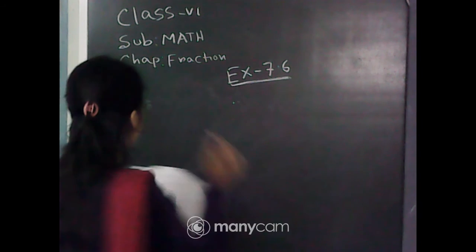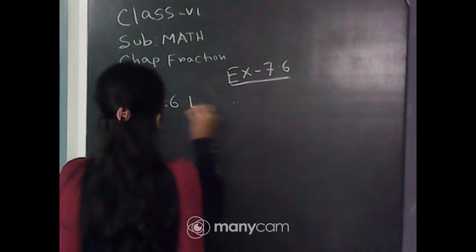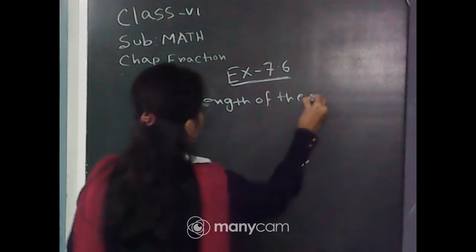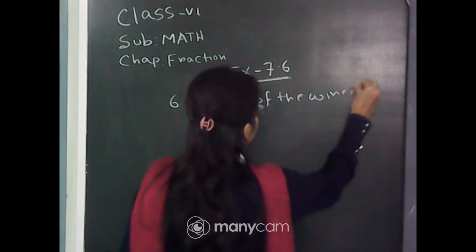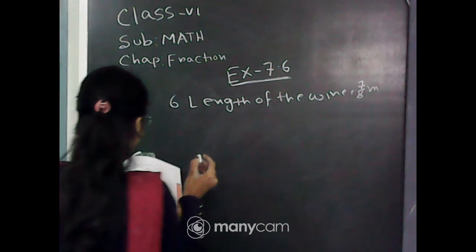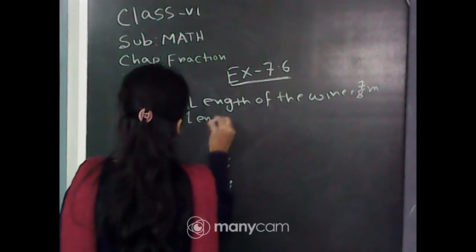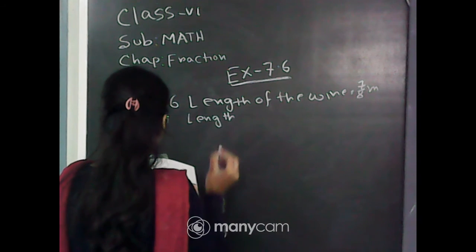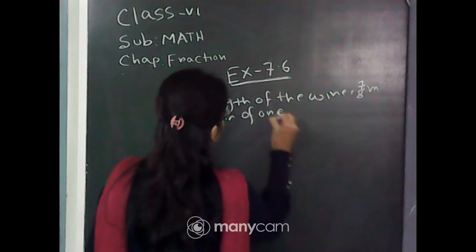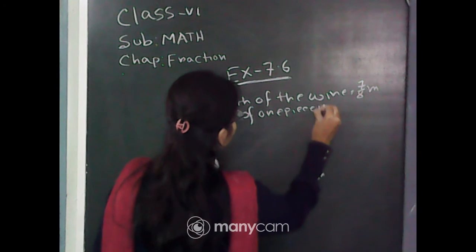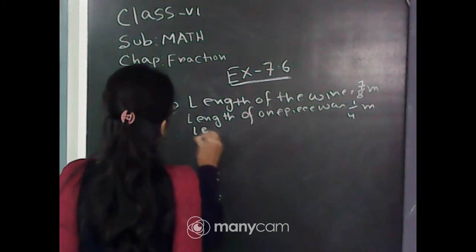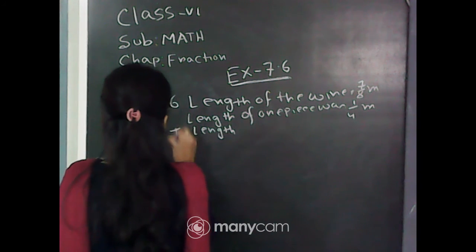Here it is given that the length of the wire is equal to 7 divided by 8 meter, and the wire was broken into 2 pieces and length of one piece was 1/4 meter.